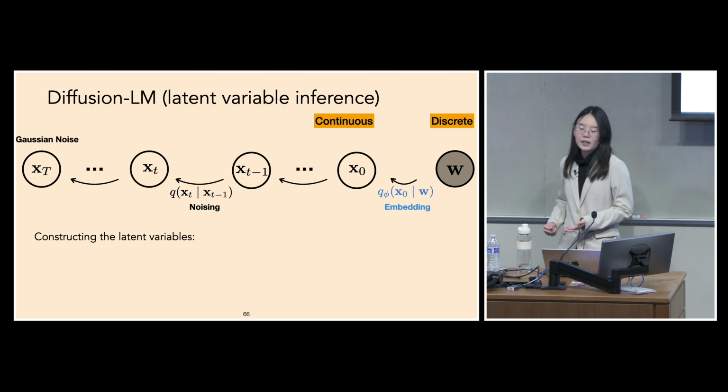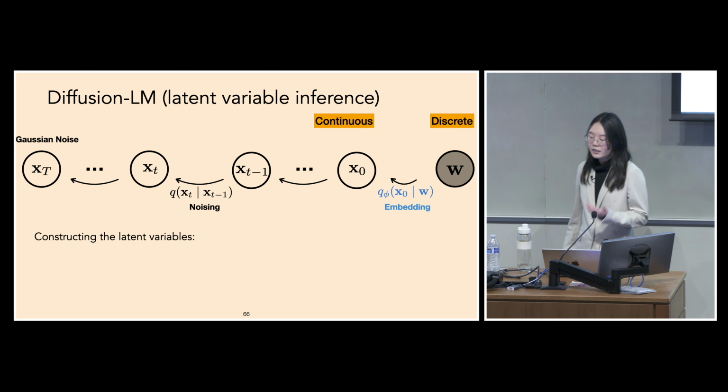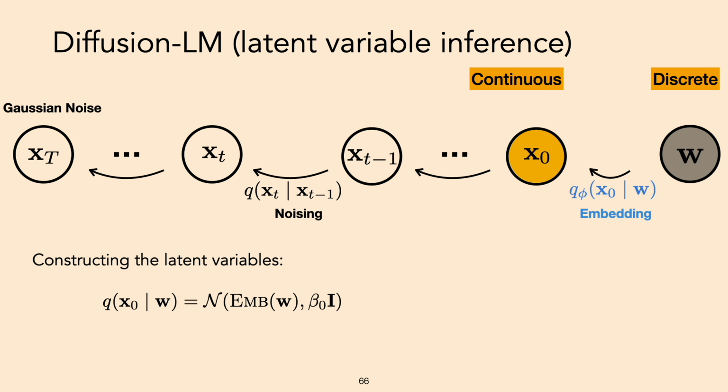So as we said, Diffusion-LM is a latent variable model. We construct the continuous latents by first embedding the discrete sequence of words into the continuous vector space, using a lookup table to obtain the embedding for each word, and then concatenate them to form the embedding of the sentence.